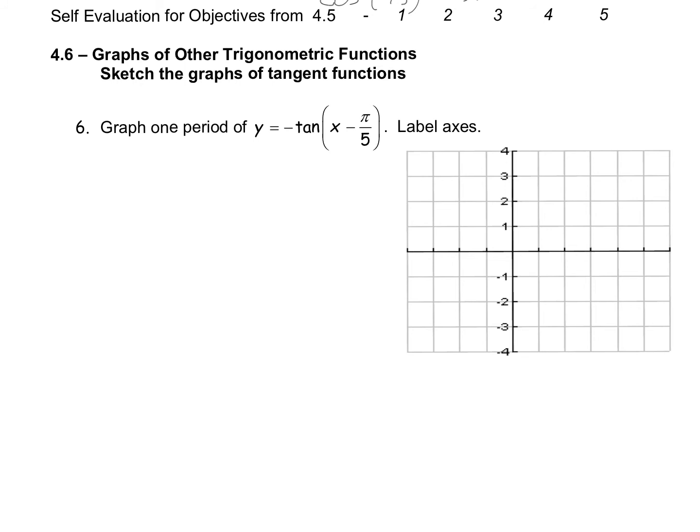On the test, it's going to be similar in the sense that this phase shift is not going to be the same as the interval, meaning half of the period, but you will not need that intermediate step.